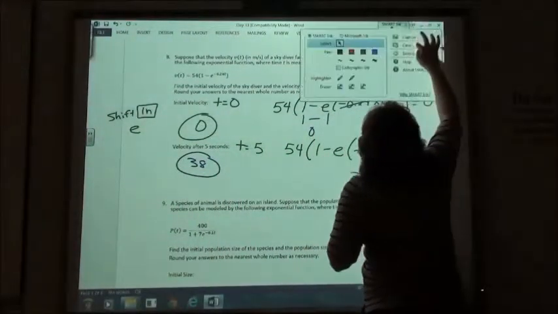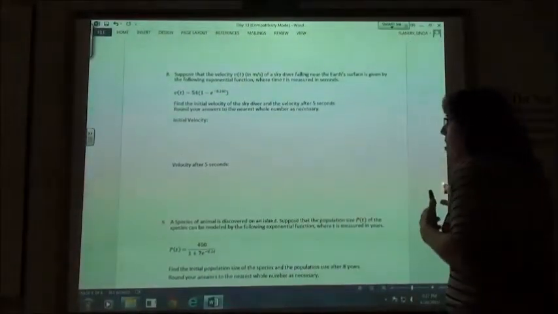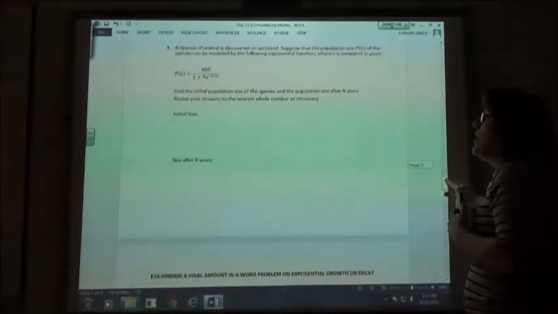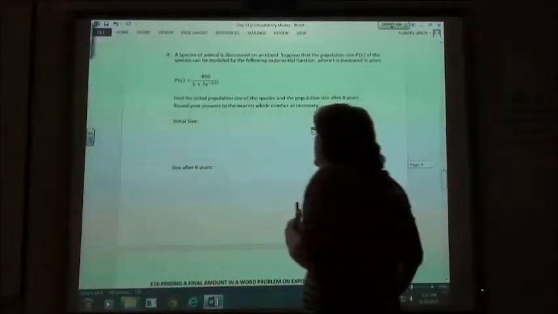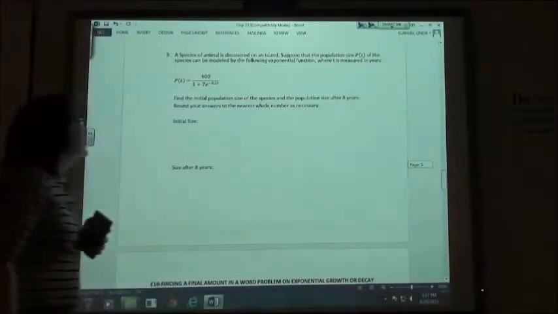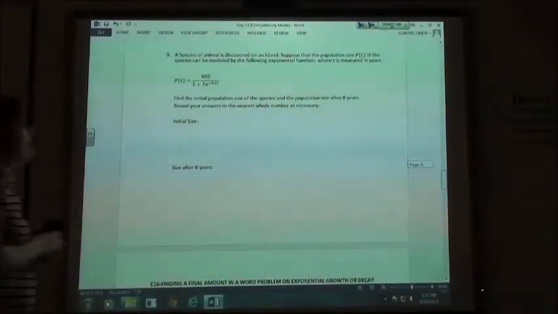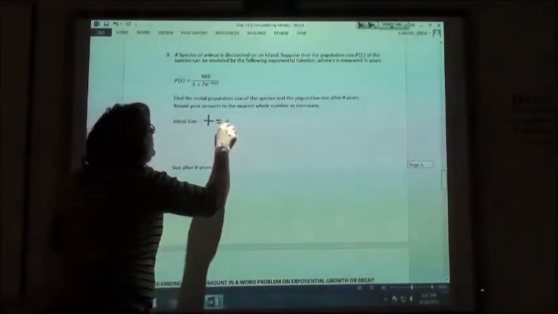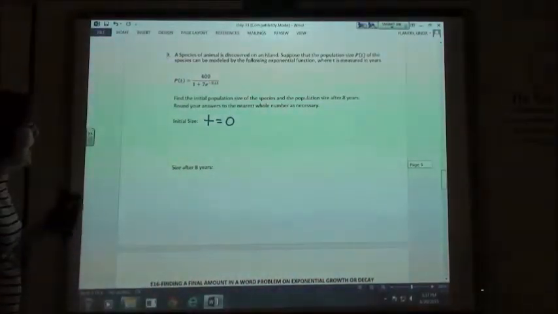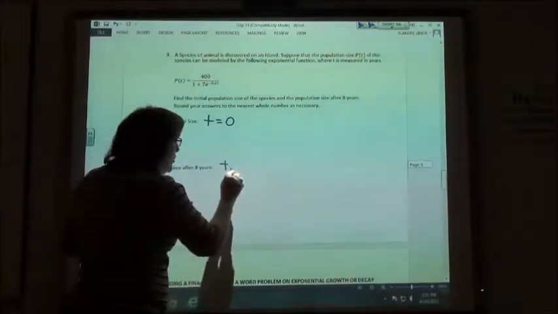Number 9. This one has a fraction in it. And although I could probably put the whole thing into my calculator at once, it's probably easier to do it separately. So, again, I'm doing the initial size, which is the size at 0 hours, and then the size after 8 years.